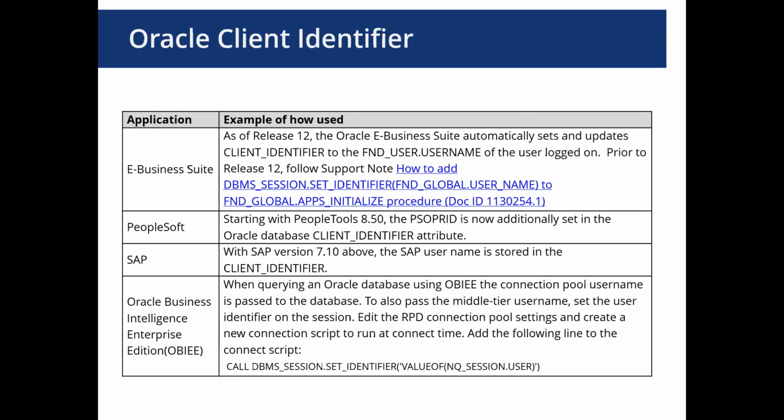Very last slide here. It's not necessarily related to 12c, but it belongs in a conversation with regard to auditing with the Oracle e-business suite, in that the client identifier namespace within the database now contains the Oracle FND username.